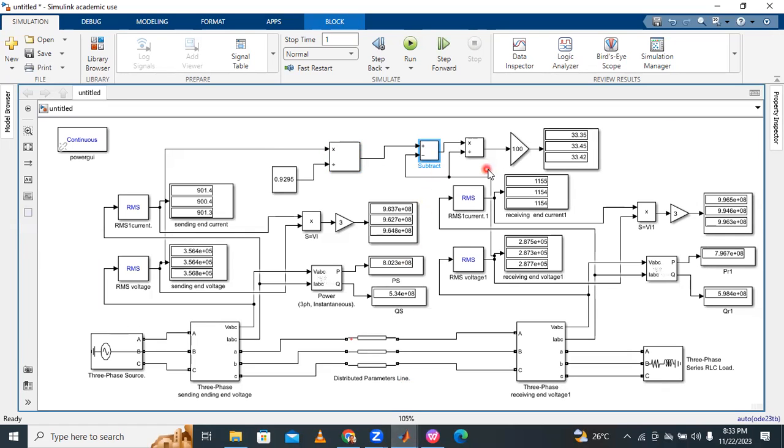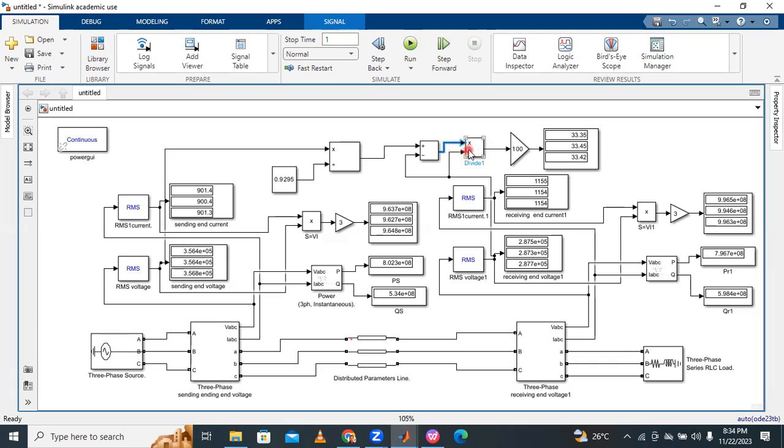So the receiving end side voltage, we know this is the voltage, and this is the current. After this subtract terminal, we will get Vs minus Vr. Division by Vr is also required.